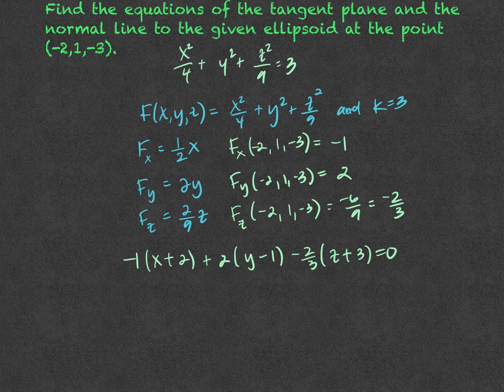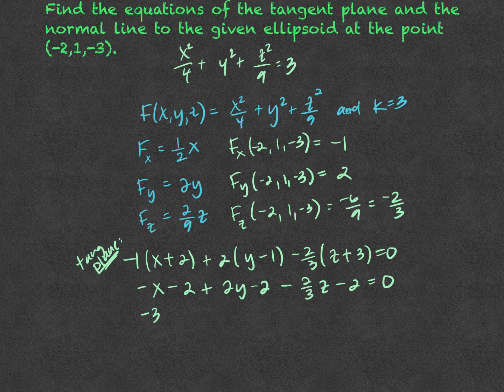So this is the equation for the tangent plane, but it needs to be simplified and combined. So let's go ahead and simplify to be -x minus 2 plus 2y minus 2 minus 2/3 z minus 2 equals 0. Now we don't want to carry fractions through here, so I'm going to multiply everything by -3.